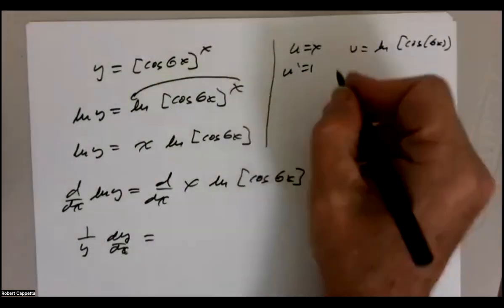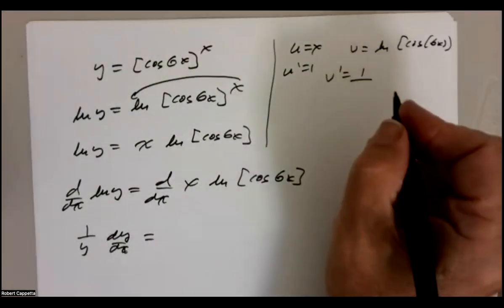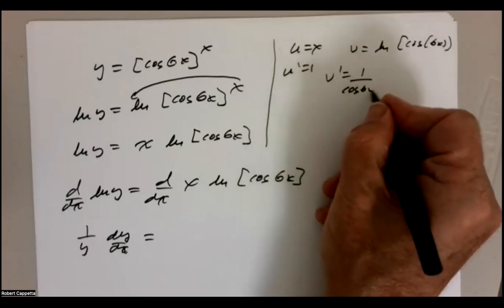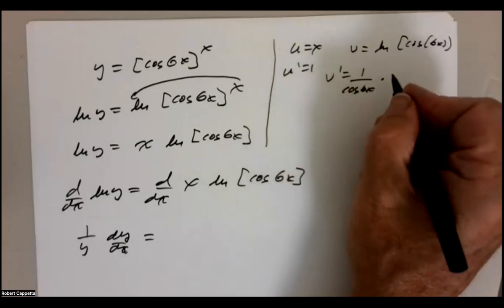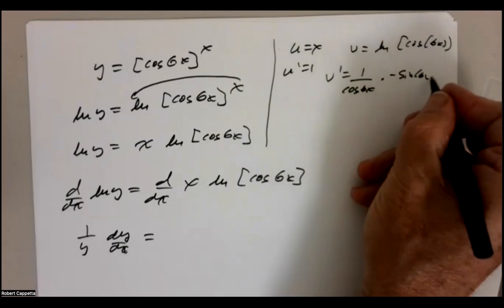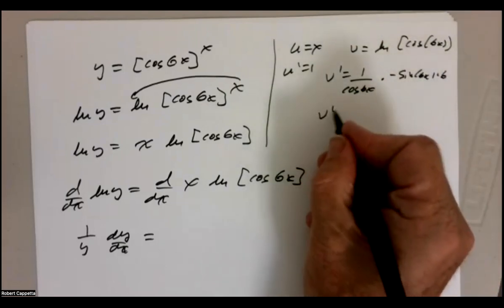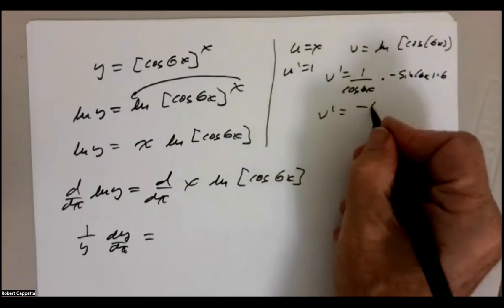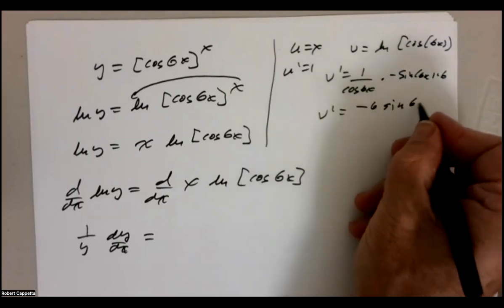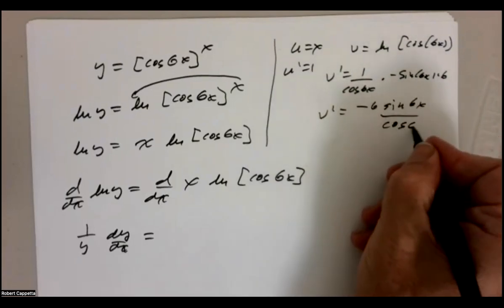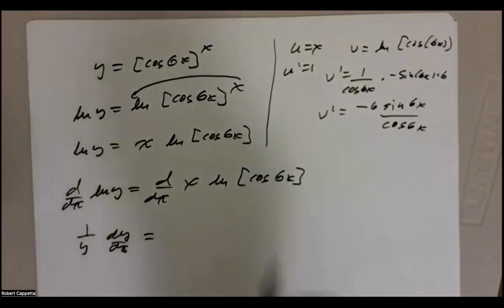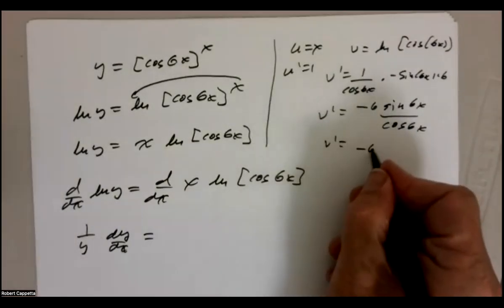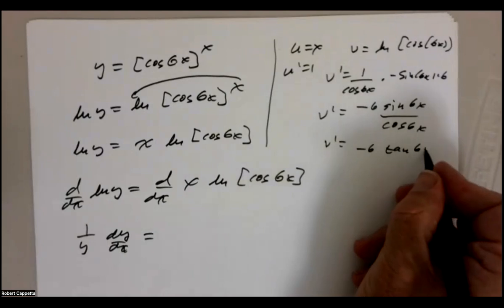What's the derivative of the log of something? 1 over cos of 6x times the derivative of cos of 6x, which is negative sine of 6x times 6. So v prime is negative 6 sine 6x over cos 6x. V prime is negative 6 tangent 6x.